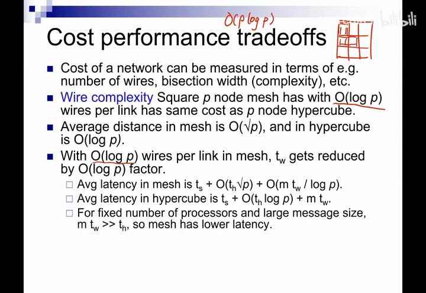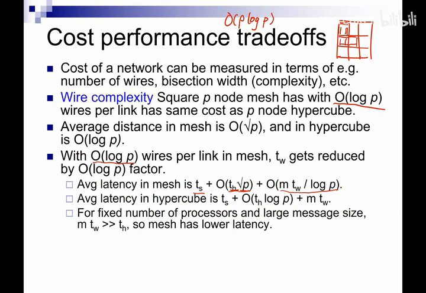So the average amount of time to send a message is going to be the startup time, plus the average distance between two nodes times the per hop time, plus, in a normal mesh, m times tw to send m words. But if you multiply the number of wires by log p, then you reduce this time by a factor of log p.